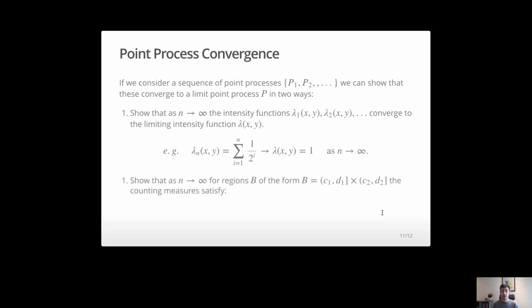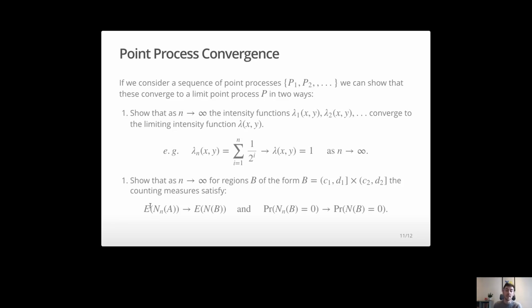The second way of doing this, and this one should be a 2 here, is to show that as n goes to infinity again, if we're looking at regions B that look like rectangles, then the counting measure, which is just the fancy word for that random variable N(B), satisfies two properties.